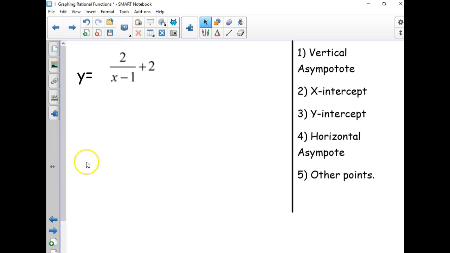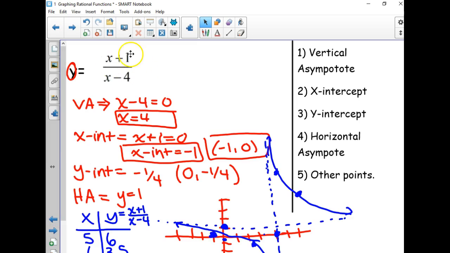And the reason I said set your numerator equal to 0 is because if you look at this problem, when the numerator is equal to 0, that makes the whole thing equal to 0. And we know that for the x-intercept, the y is 0. So we need the y to be 0 here.